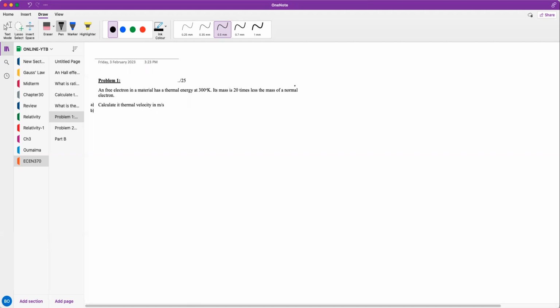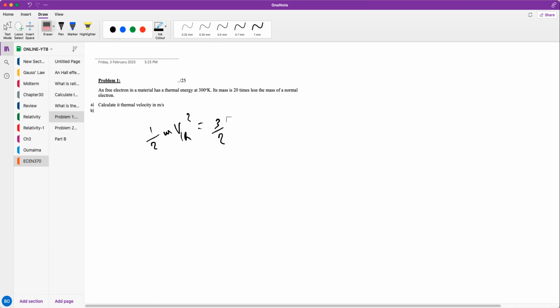V_th, yes? Okay, V_th. So half m v_th squared equals 3 over 2 kT, where k is the Boltzmann constant and T the temperature in Kelvin. Okay, who is speaking?